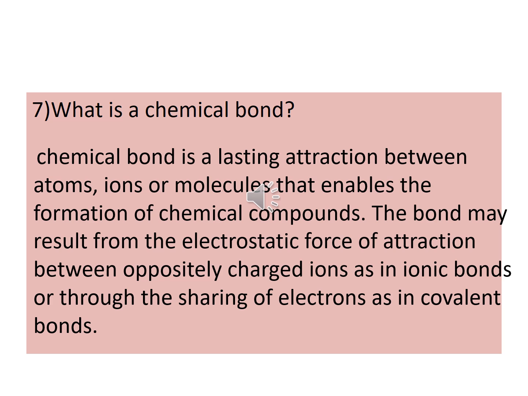The bond may result from the electrostatic force of attraction between oppositely charged ions, as in ionic bonds, or through the sharing of electrons, as in covalent bonds. Did you complete writing, children? Write fast, write neatly.